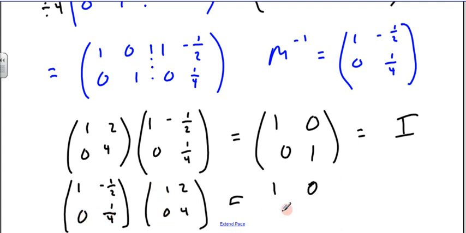Second row, first column gives me 0. Second row, second column gives me 1. So I get the identity matrix both ways, and that's how I would find an inverse matrix. And it doesn't matter, it can be a 3 by 3 or a 4 by 4 or 100 by 100. That's how it's going to work.